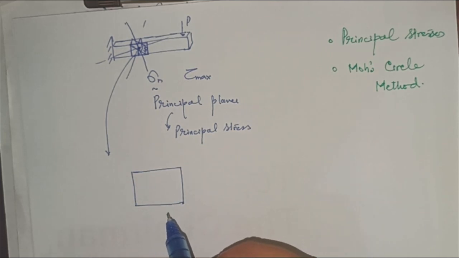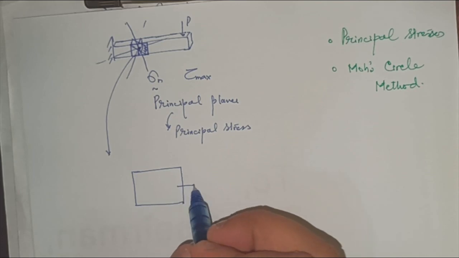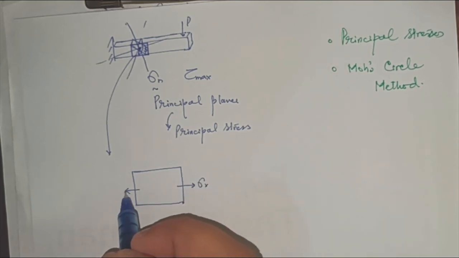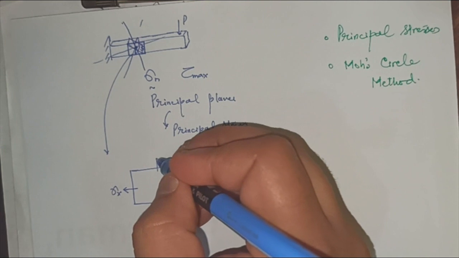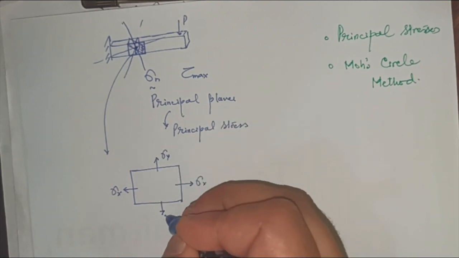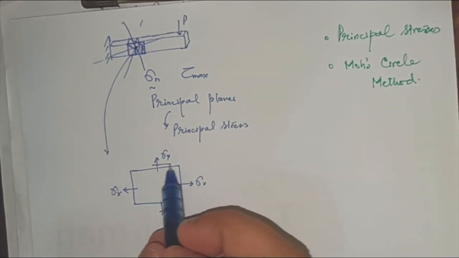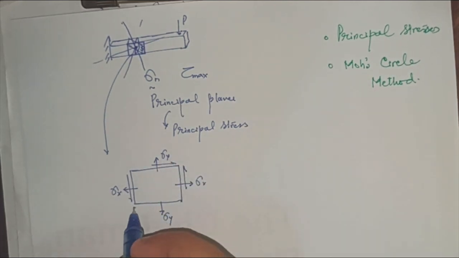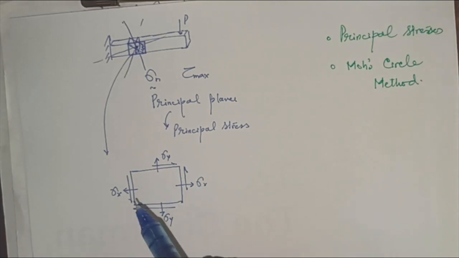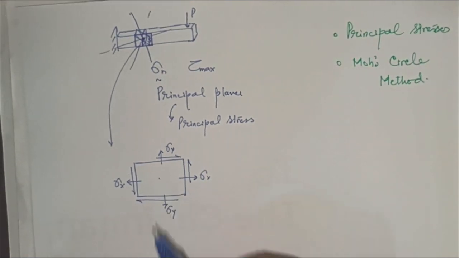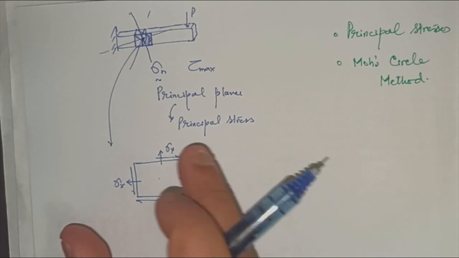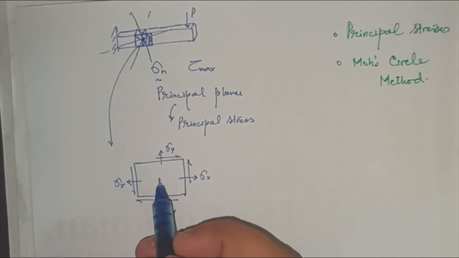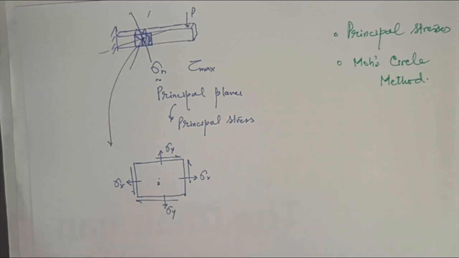Let's say this plane consists of several stresses: sigma x, sigma y, and your shear components. So this plane, and in the center the point S. This whole element can shrink down to this point S, or it can expand to take the shape of this point. So I have taken one plane.